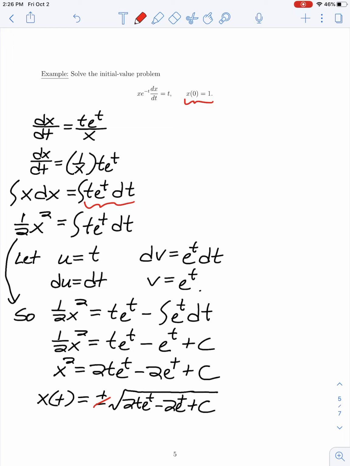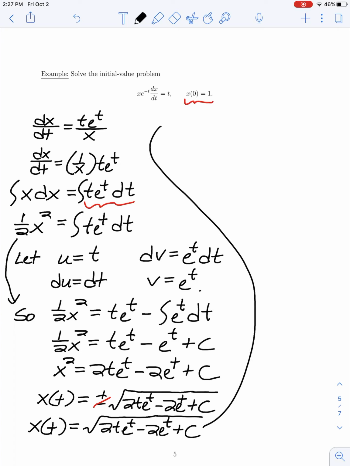I want the positive square root when I'm solving for x. So for my explicit solution, I would have x of t is the positive square root of 2t e to the t minus 2 e to the t plus c. And I need to find the constant c that satisfies my initial condition. X of 0 is equal to 1.